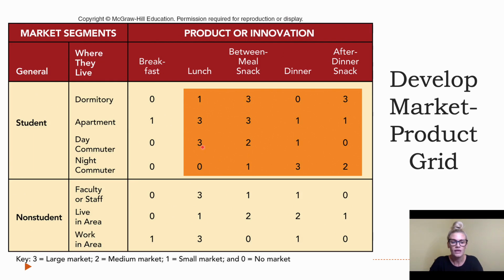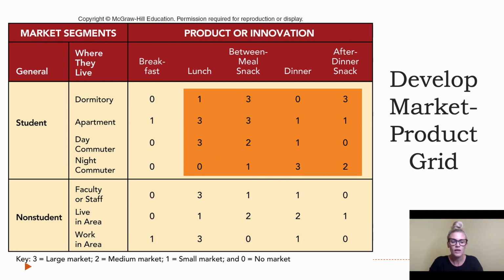Now, when we look at this, we can then determine which segments have the most potential, right? So we can see that if we look at the student versus non-student, student group has more potential, and we can see that these 4 sort of groupings with students is where we see the most potential, and then we can narrow down even further to see where the largest potential segments are.